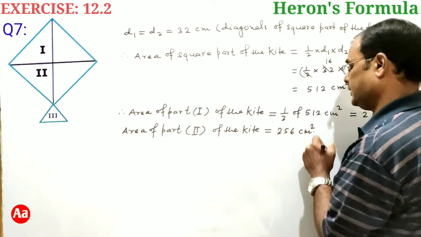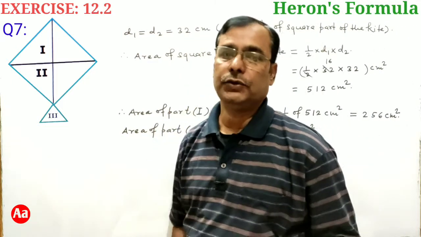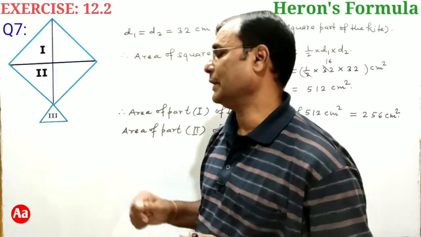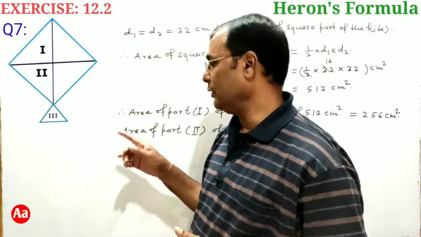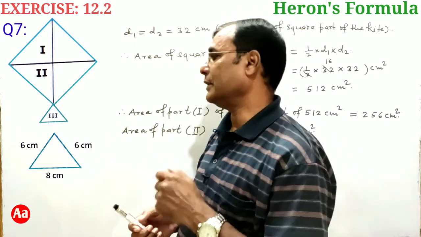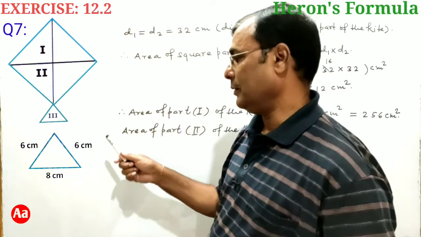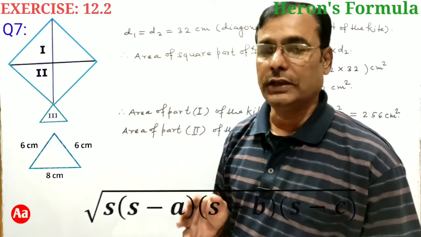Now we have to find the area of the third side of the kite, that means the third part of the kite, which is an isosceles triangular part with three sides 8 centimeter, 6 centimeter and 6 centimeter. And for that portion, to calculate the area, we are going to use Heron's formula.